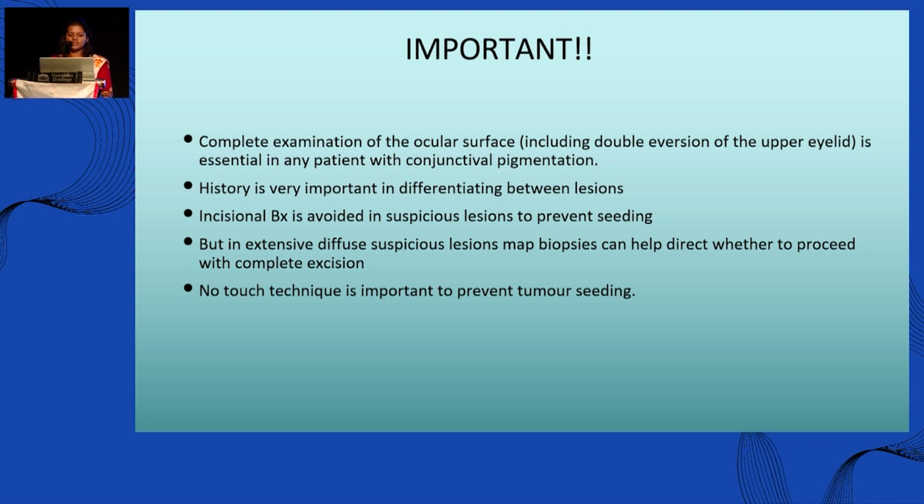But in extensive diffuse lesions which are suspicious, map biopsies can help to direct whether to proceed with complete excision. So if the lesion is very large and suspicious, we can't excise the whole lesion, so we can do map biopsies, and if that becomes positive, then complete excision can be done. And the no-touch technique, like I said, is important to prevent tumor seeding.